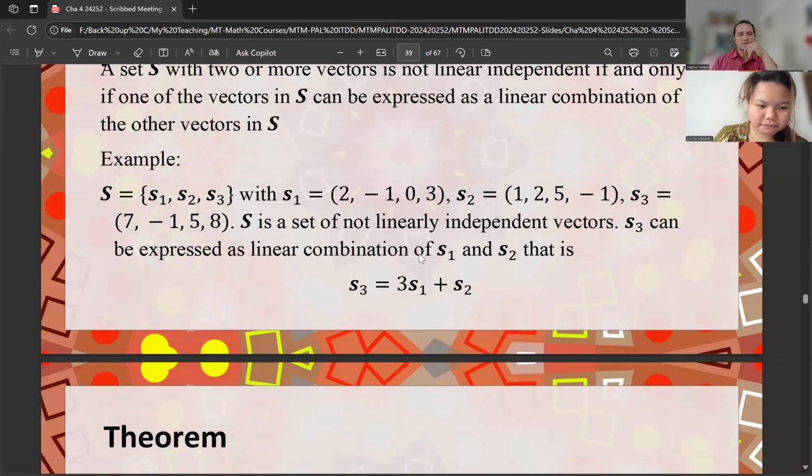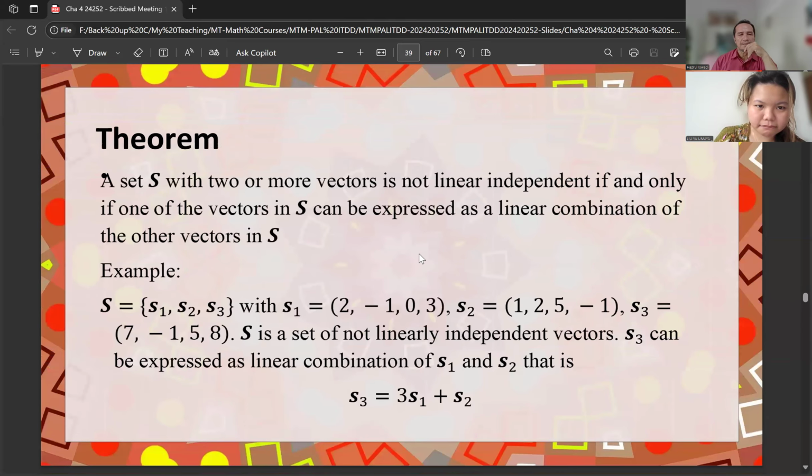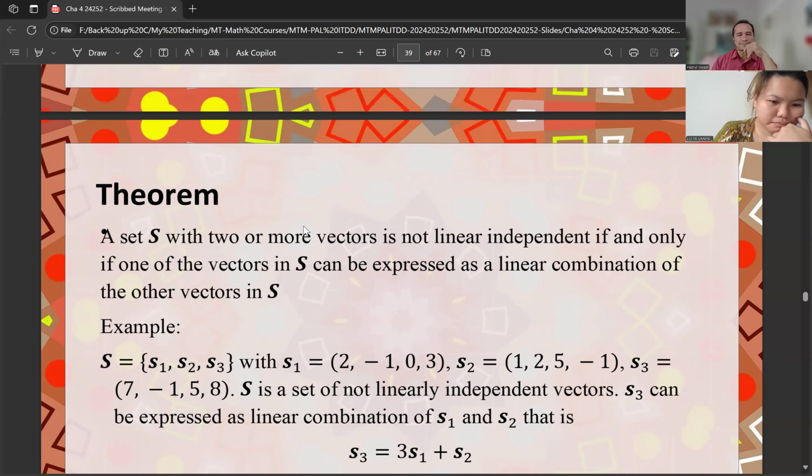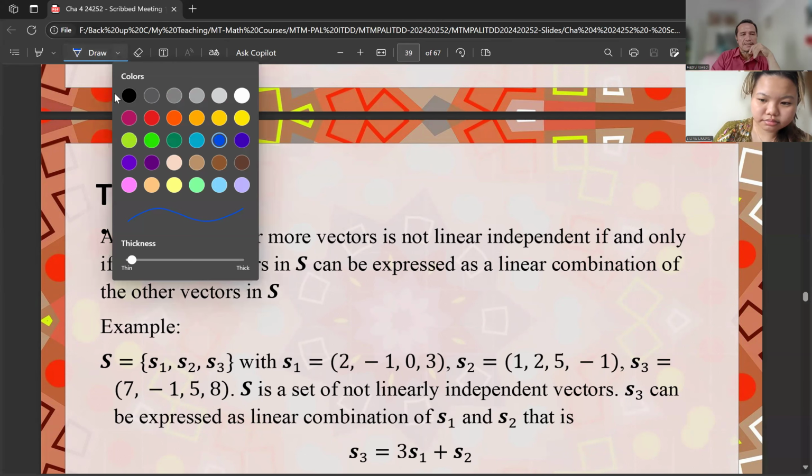Some consequences follow from this theorem about linear combination. If we have two or more vectors, S is not linearly independent if and only if one vector in S can be a linear combination of the other vectors in S. I can show you something here.